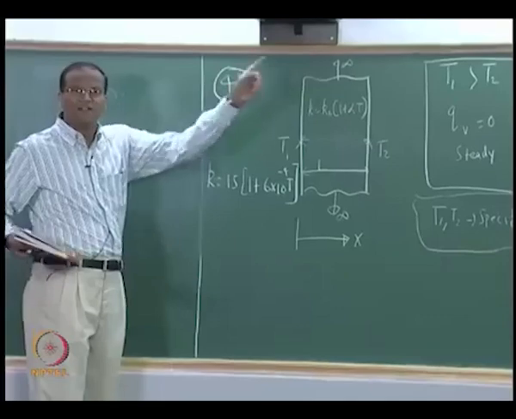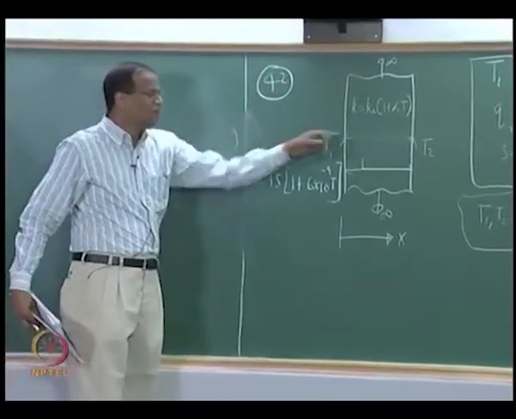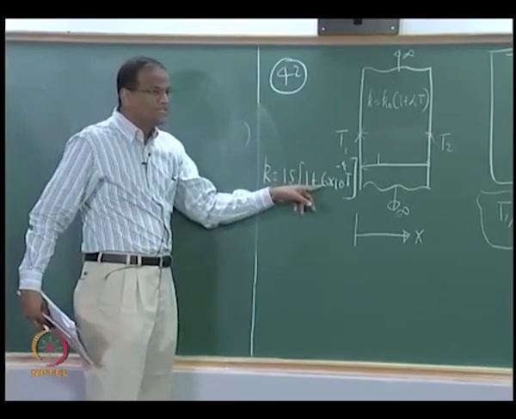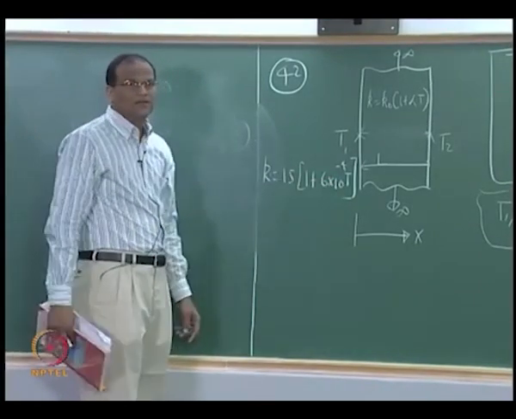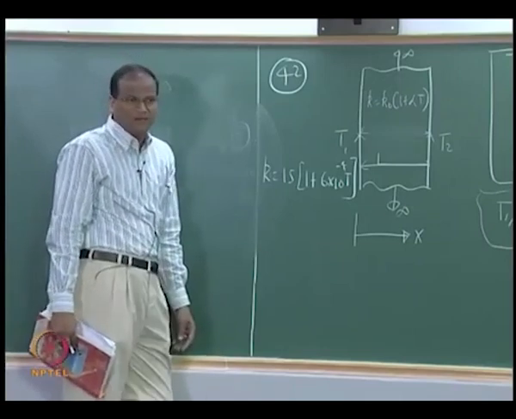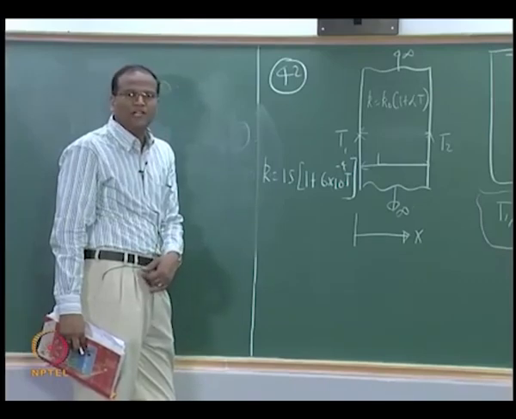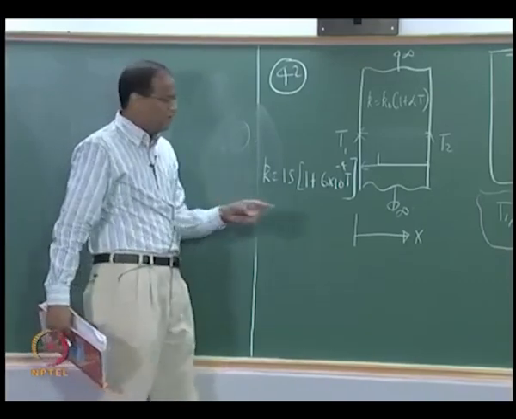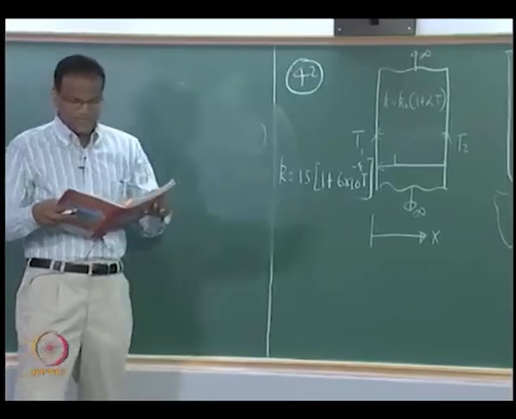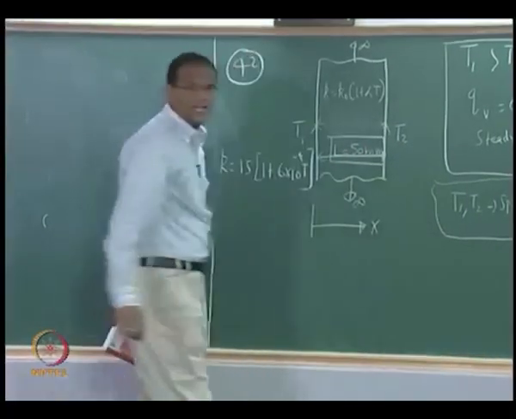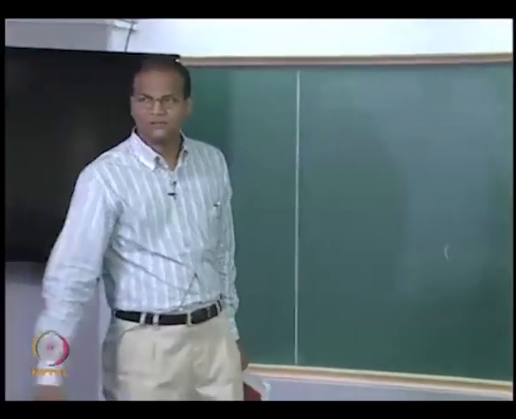The thermal conductivity of the slab material varies as K equals 15 into (1 plus alpha into T), where alpha is 6 into 10 to the power of minus 4. The slab thickness L is 50 millimeters.